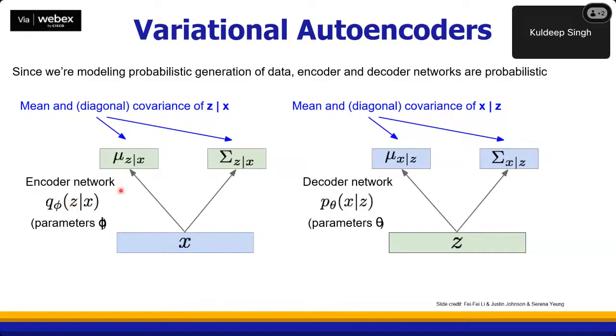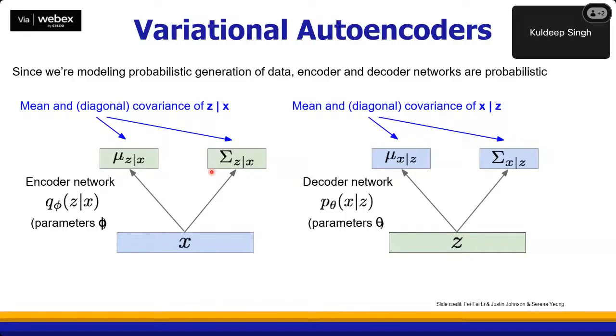We define this encoder network as Q Z given X with the parameter phi, and it will give us two outputs: the mean and the covariance of Z given X. This will be the direct output of this encoder network.